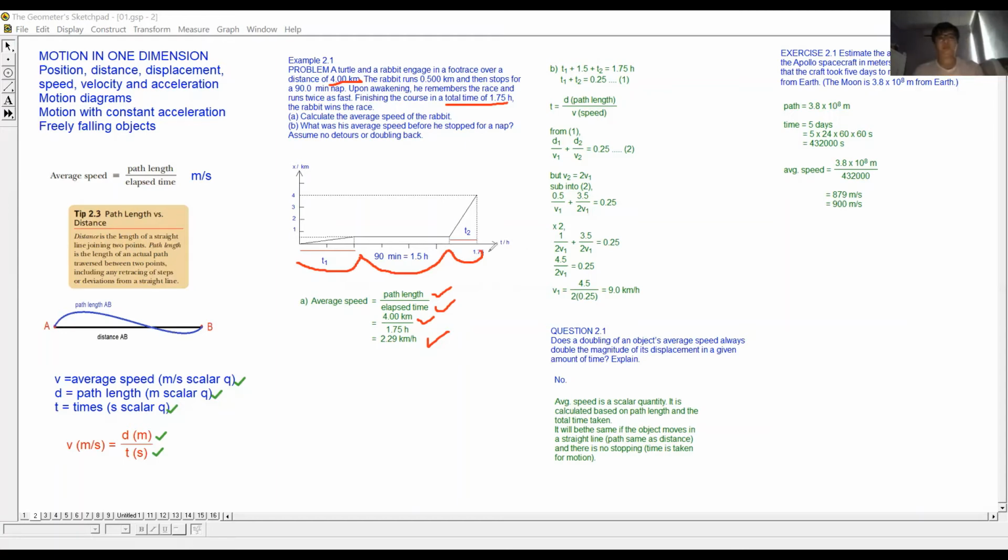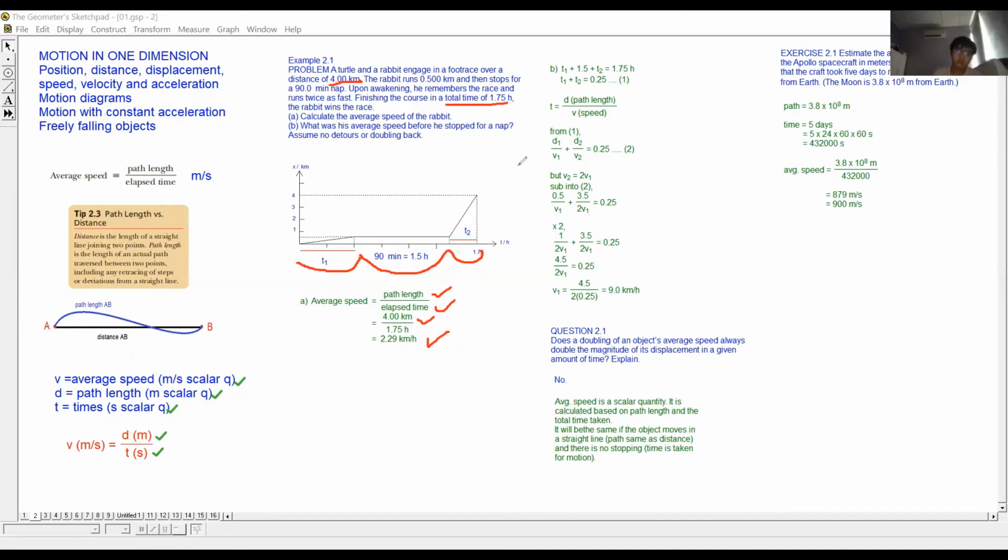The total time is 1.75, but we don't know the time taken during the doubled speed, so it's called T2. So we're breaking down the whole journey into three parts: before the nap, during the nap, and after the nap. Some of the quantities we don't know, so we represent them using the unknowns T1 and T2.